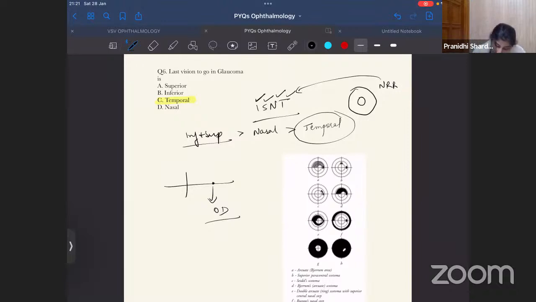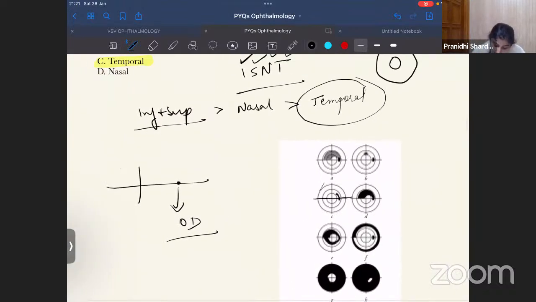So whenever we draw these visual fields, we always draw the blind spot or the optic disc on the temporal side. And whenever we discuss visual fields, we always draw them nasally. Have you ever noticed we always draw them towards the nasal side? Because the temporal side is the last vision to go. This is the temporal side, this is the nasal side.